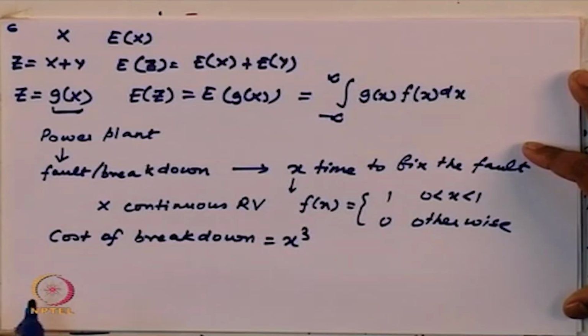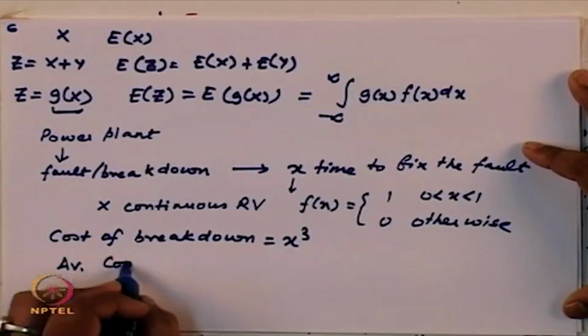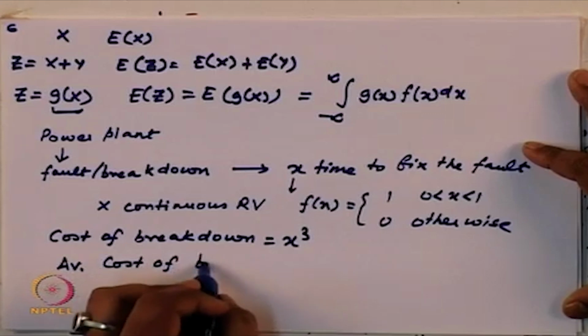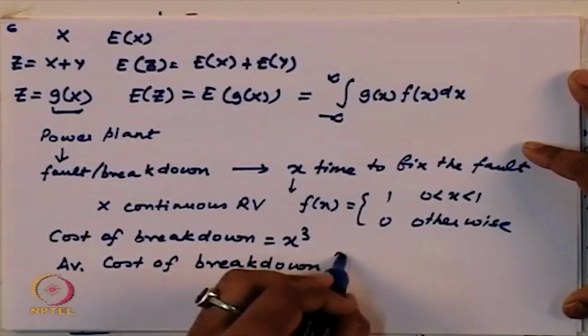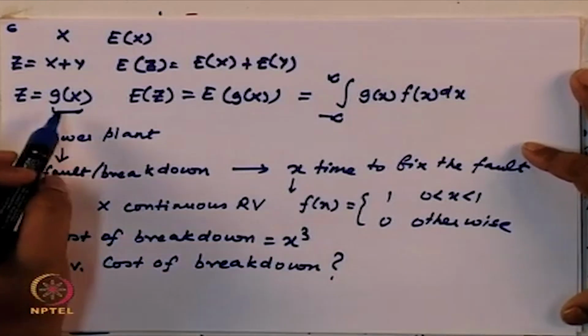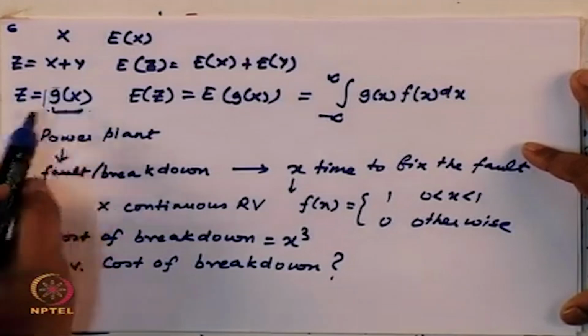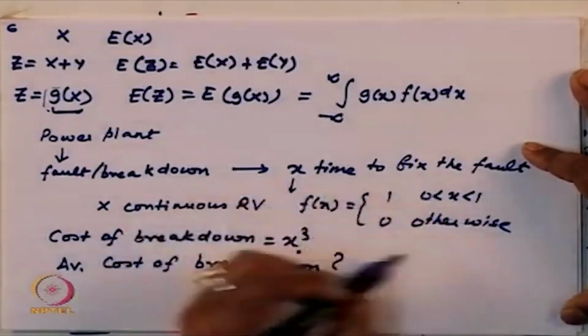So, the question is, what is the average cost of breakdown? What will you do? Essentially, you have a function g of X, which is X cubed, and this is the corresponding probability distribution.